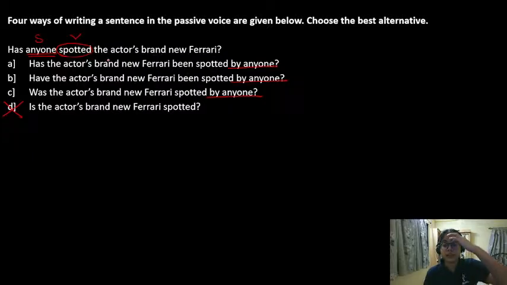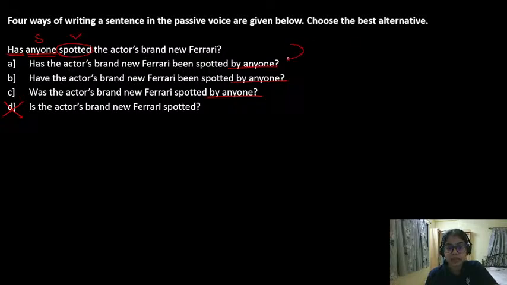Now let's look at the tense. Has anyone spotted? It's given in past, so that is the tense that we'll be sticking to. So spotted is correct. Okay, has is present, so it's not in past but present perfect. So let's look at the options. Has the actor's brand new Ferrari been spotted by anyone?